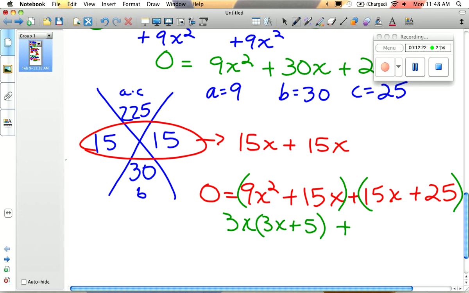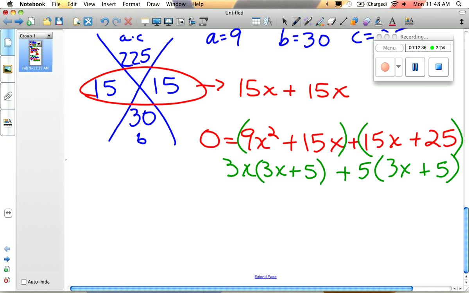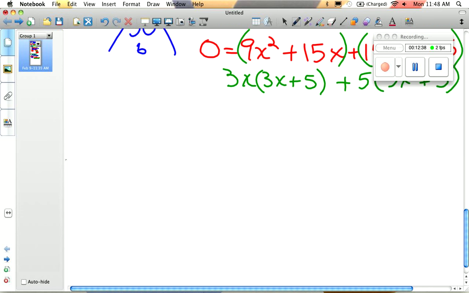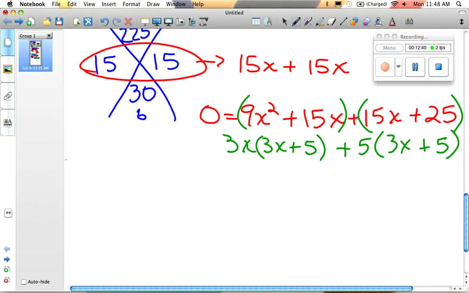What's the GCF of the next group? 5. And what will be the result? 3x plus 5. Okay. So, first thing is that in common, they have this factor right here, 3x plus 5.